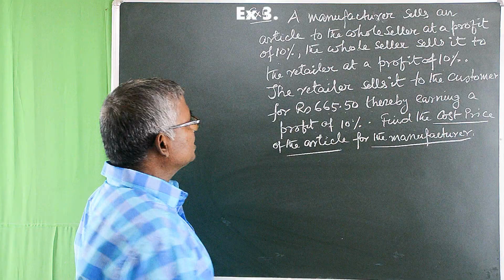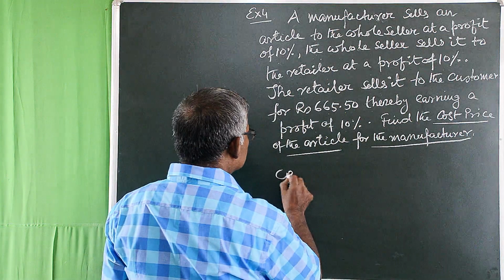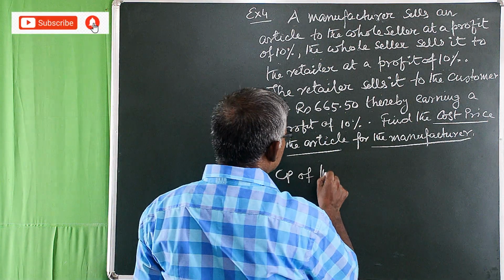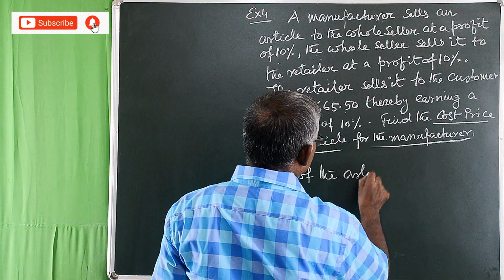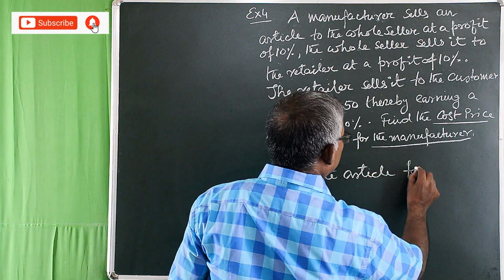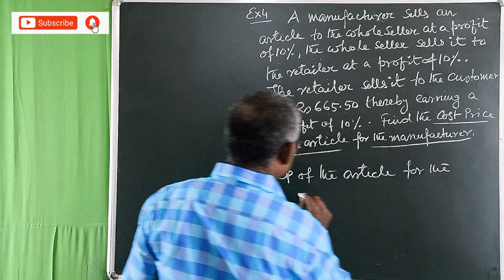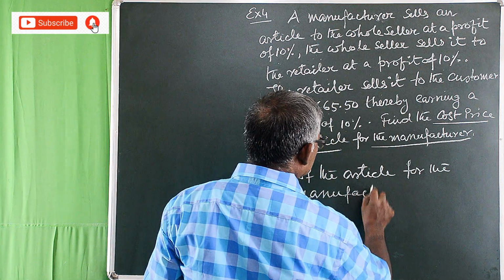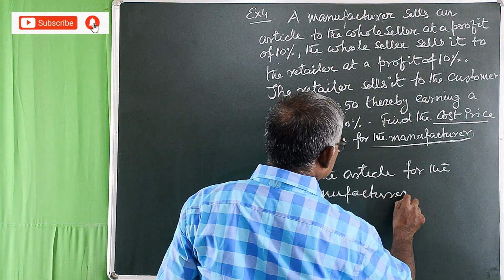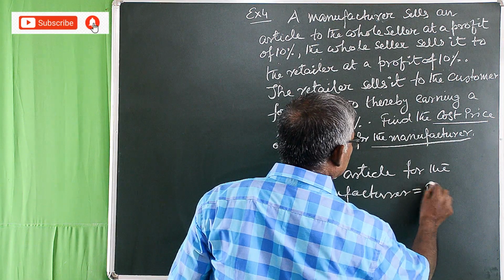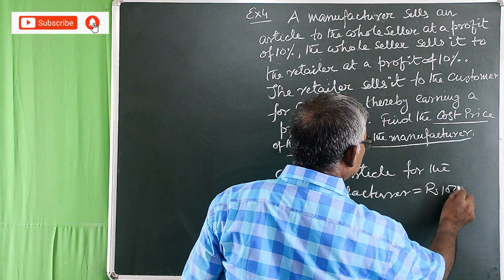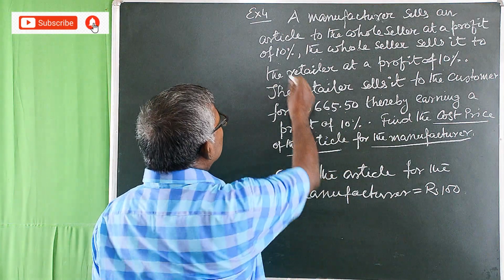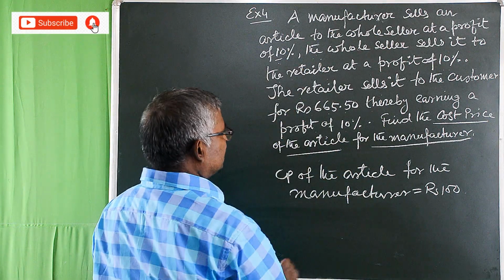Students, let us consider the cost price of the article for the manufacturer equal to rupees 100, and it is also given that the profit is 10%.